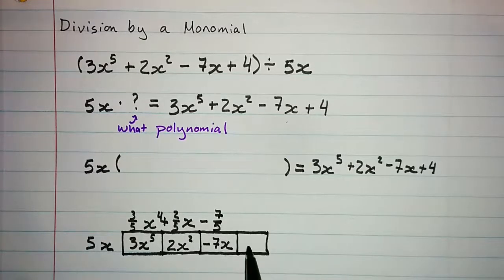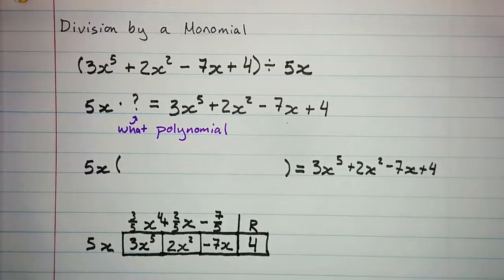And then, what about 4? There isn't any polynomial that I can multiply by 5x to get 4. If I multiply any monomial by 5x, my result's going to have an x in it. So 4 is going to be my remainder.